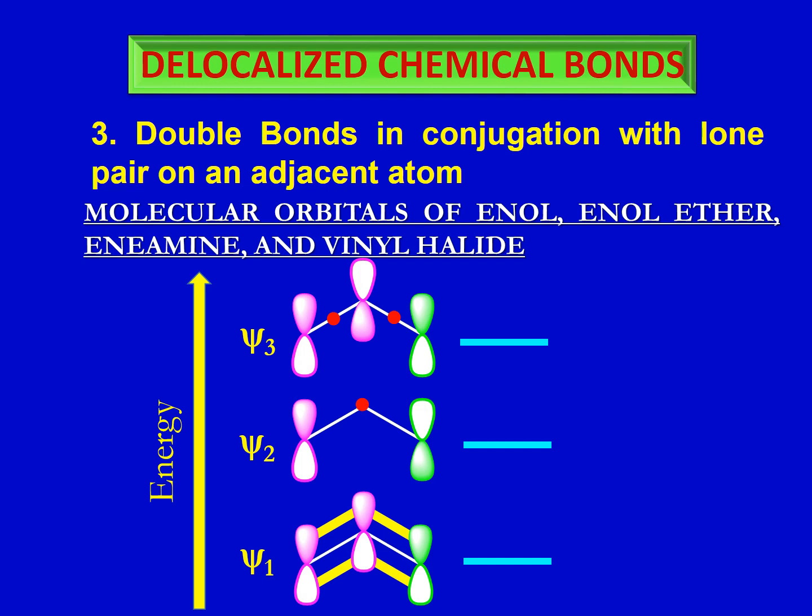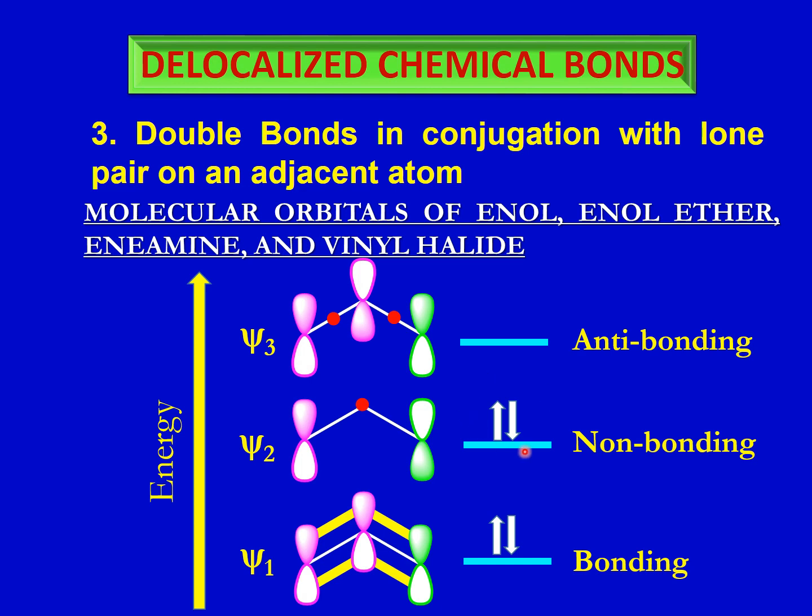Now in all the 3 or 4 cases, we have 4 electrons, 2 from the carbon-carbon double bond and 2 from the lone pair. So we have the last electrons filling up the non-bonding orbitals of enols, enol ethers, enamines, or vinyl halides.